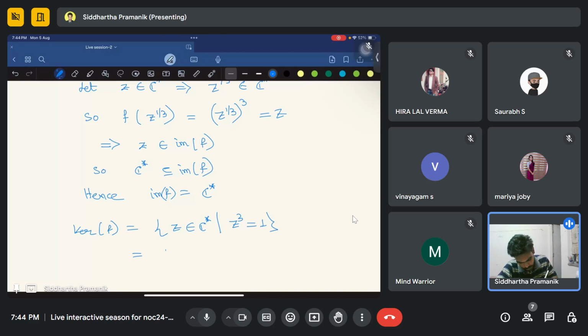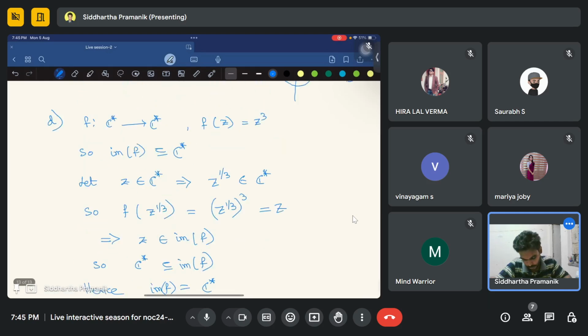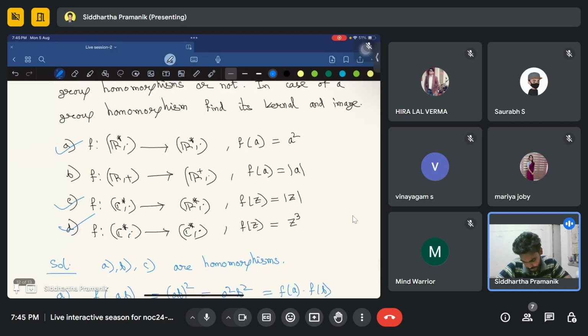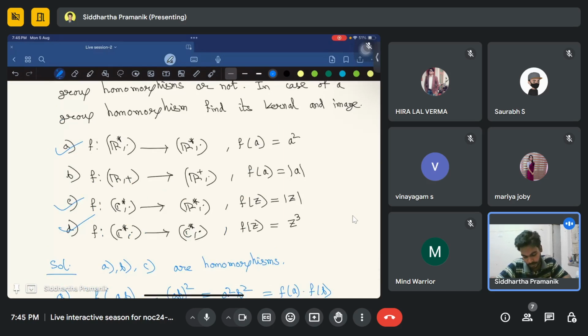According to the notation of the instructor, this is G3, the third roots of unity. So later when you read about isomorphisms, you can go back to these homomorphisms and you can find some interesting properties of them, especially these last two. So I want you to go back to these homomorphisms when you read isomorphisms.